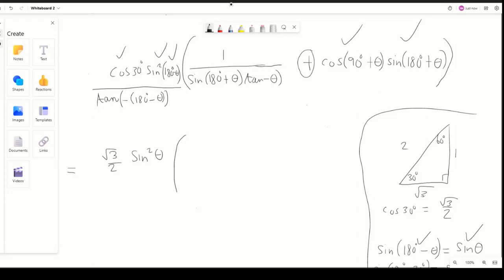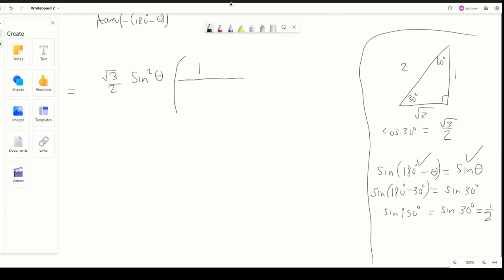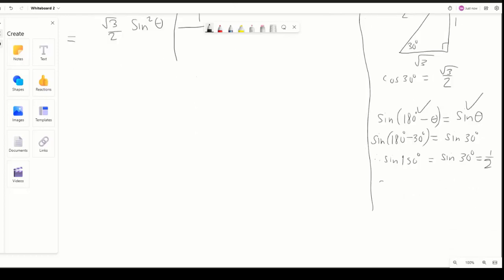Now, this was 180 minus theta, right? 1 over. What is the sine of 180 plus theta? What quadrant is that? That's in the third quadrant. So you can check for me. Negative. Good. This is minus sine theta because it's in the third quadrant. Sine is negative there, right?